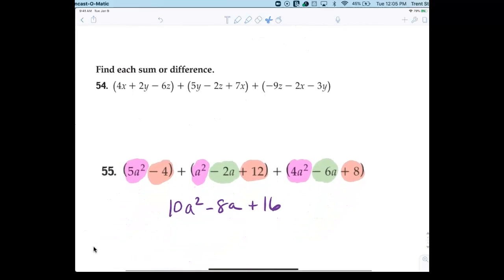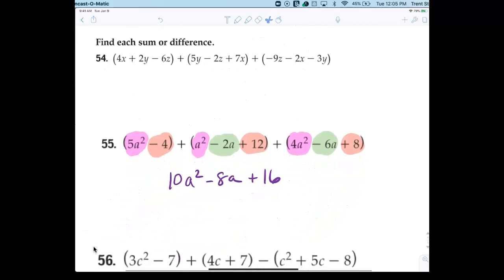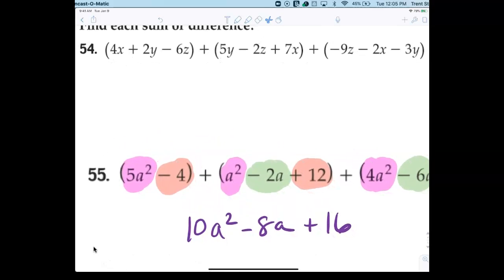All right, 54. Everybody take a look at 54. Zayden, you want to be brave and read me the answer here? Now remember, we're going to try to do it in alphabetical order.